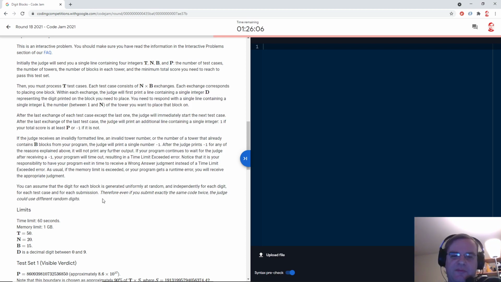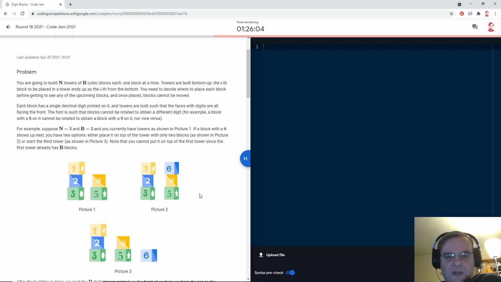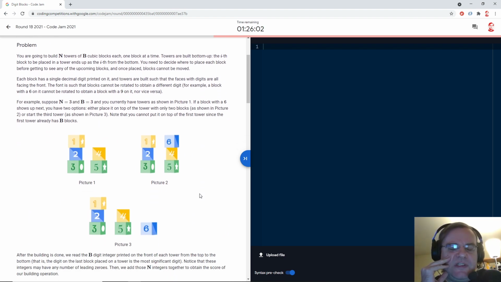That's the problem with these interactive problems. They're not nearly as easy to implement and test as the input-output problems, even if they are fairly easy statements like this one.